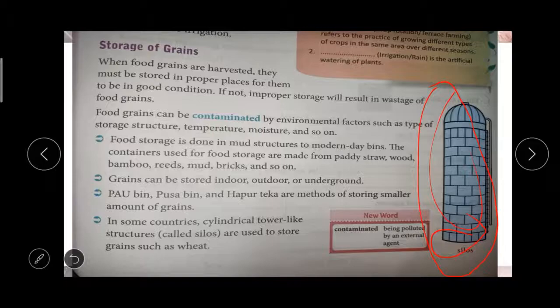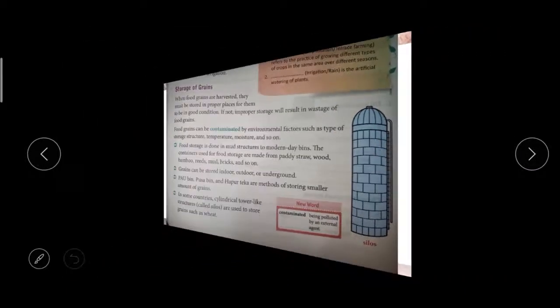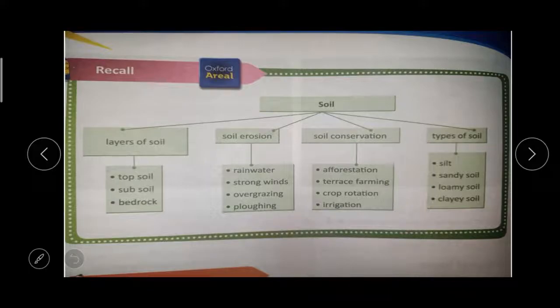I think you have understood the lesson. Let us recall the topics we have learned. The topic of the lesson is soil and crops. First we learned about the layers of the soil: topsoil, subsoil and bedrock, right? Then the types of soil: silt, sandy soil, loamy soil and clay soil.